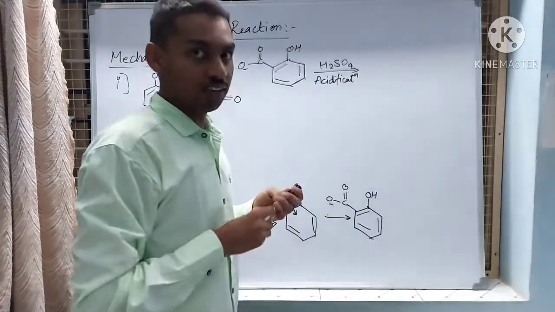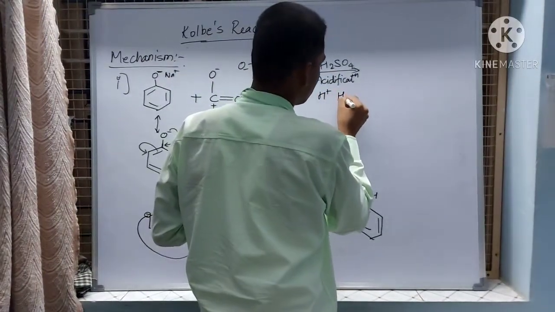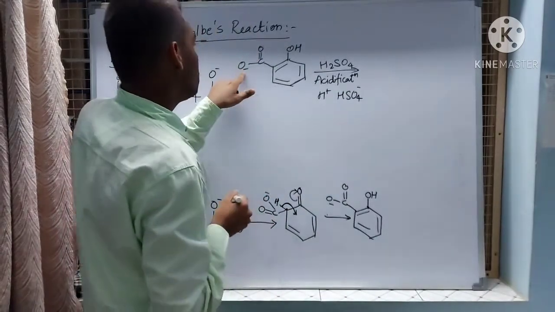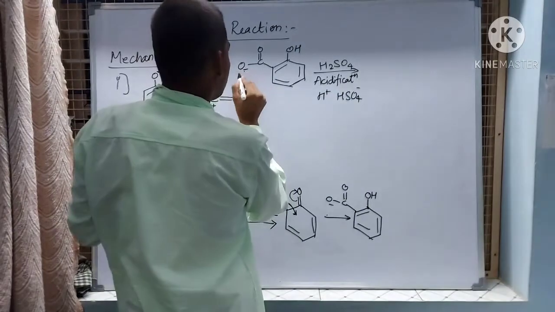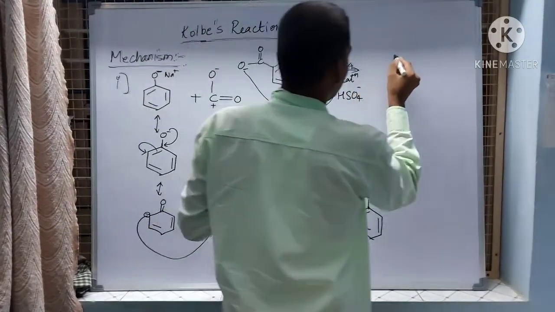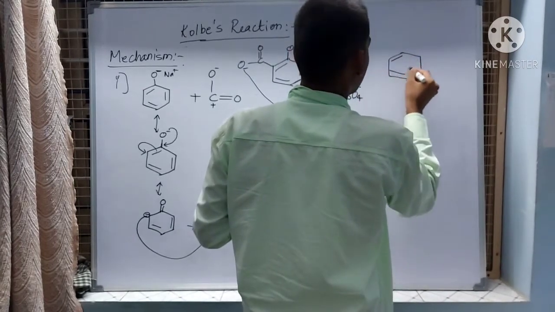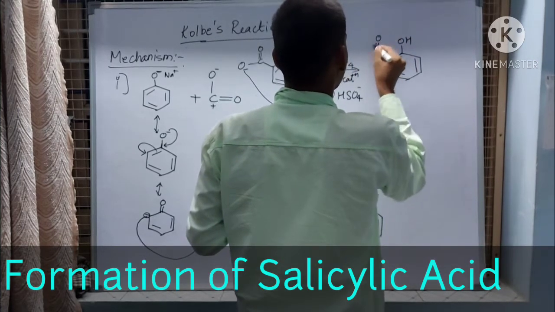If I do acidification, this will break into H plus and HSO4 minus, right? This is going to dissociate into this form, and this negative charge of oxygen will take away this hydrogen, leading to the formation of OH.